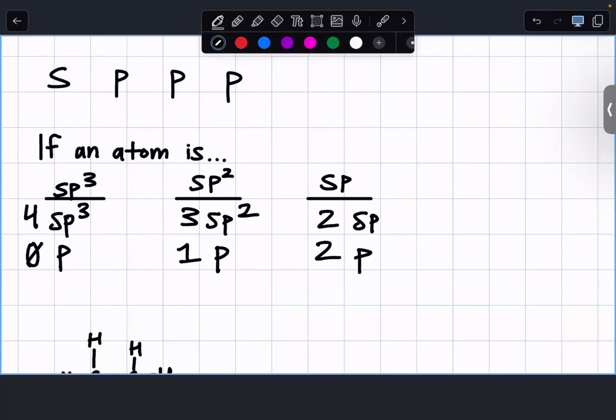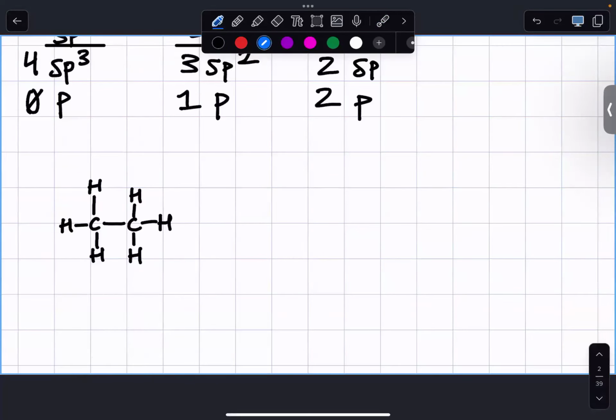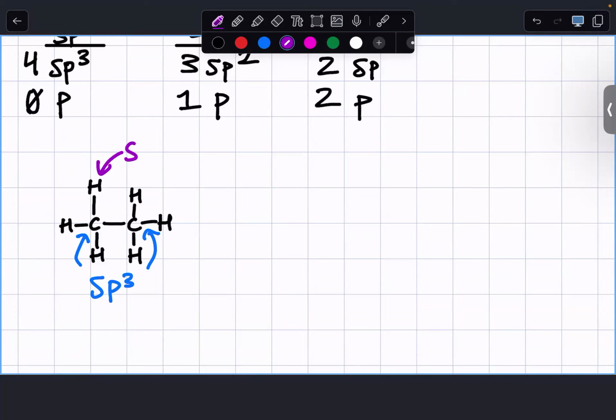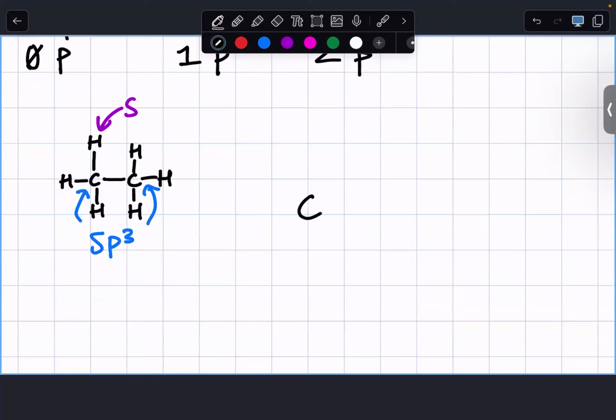And this is important because let's say we look at these sp3 carbons here. And we know that these H's are unhybridized s. Let's draw them out in their orbitals to show the sigma bonds, no pi bonds, right?